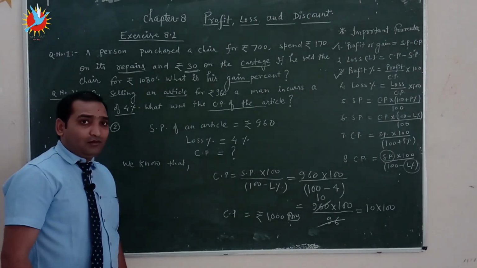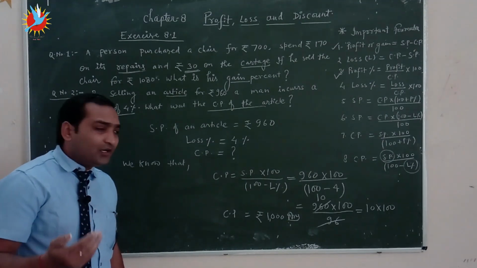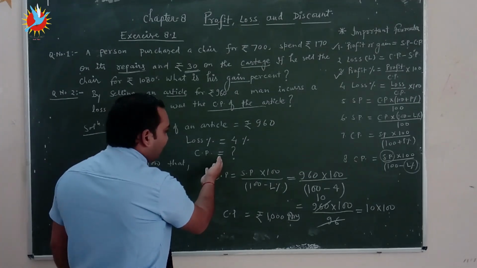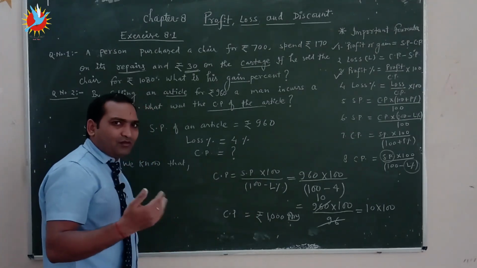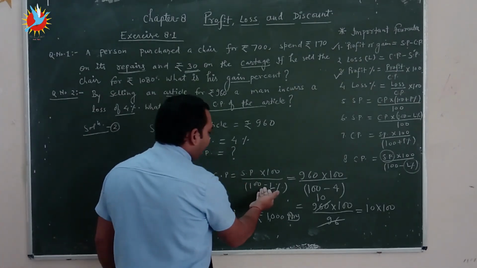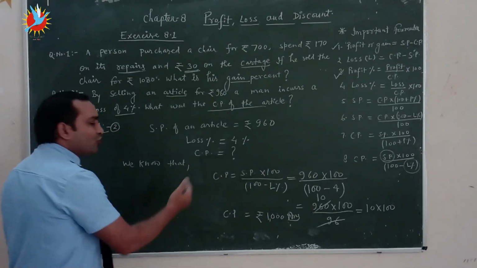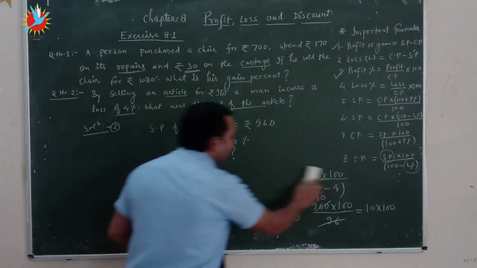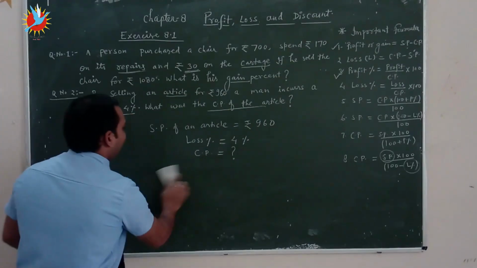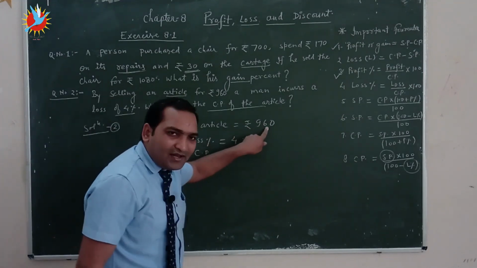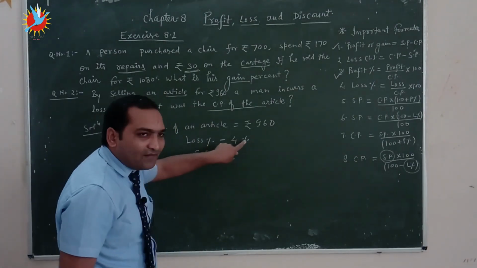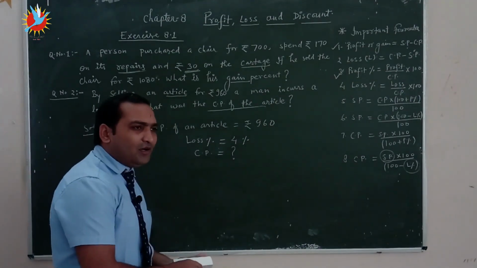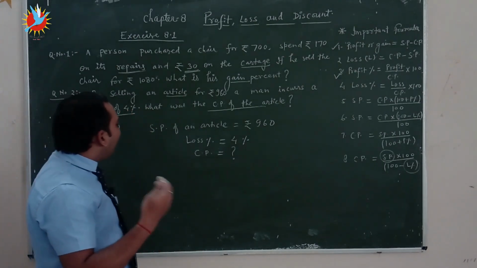But there is an alternative method to solve this question, if we forget or miss the formula, whether it is positive or negative. What is the alternative method? Selling price is given 960, loss percent is 4%, and we want to find the cost price.